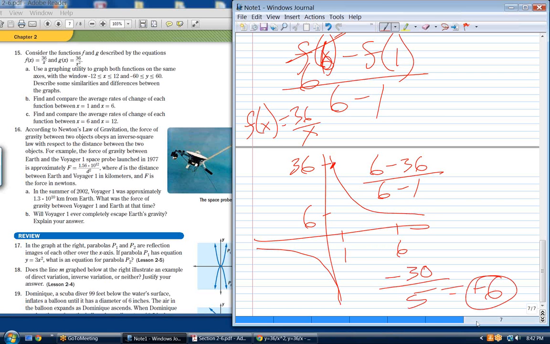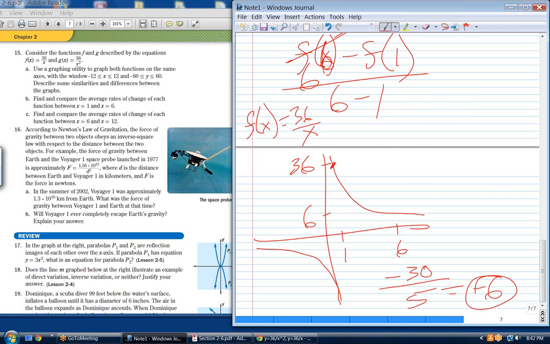Now, notice that the average rate of change is negative. As x gets bigger, y gets smaller. So they're really talking about the slope of that line right there, and that has a negative slope. So we would expect to get a negative number. But how did we get a negative number?